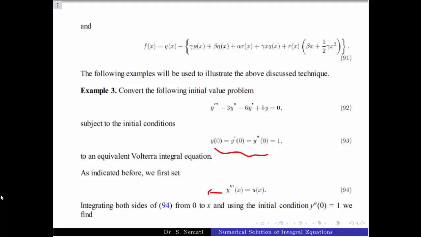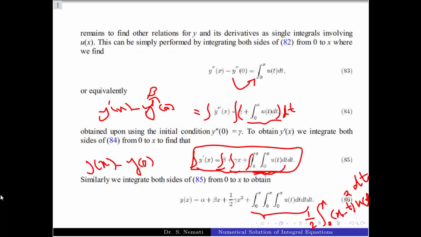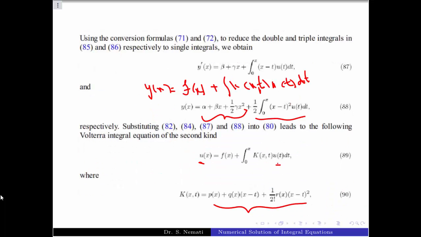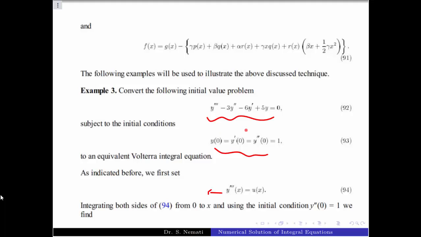We do the same procedure. Actually, if you pay attention, this equation is a special case of this general form of equations with a special p, q, r, and g. So we can consider the same procedure with p, q, r, and g given in this special example.